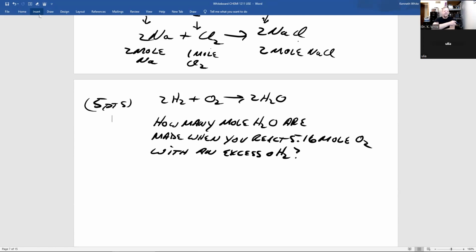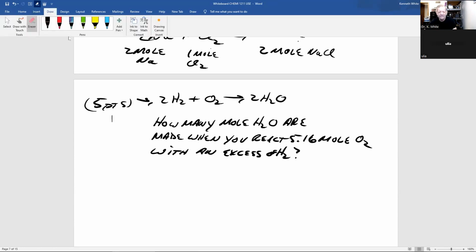All right, this question is 5 points, and you will be given this balanced chemical equation. You need it to solve the problem. How many moles of water, H2O, are made or produced when you react 5.16 moles of oxygen gas with an excess of hydrogen? I forgot the H here. Sorry about that.